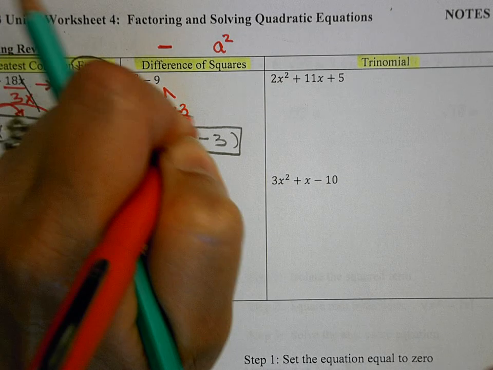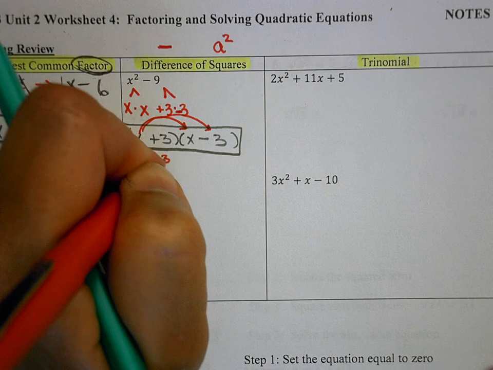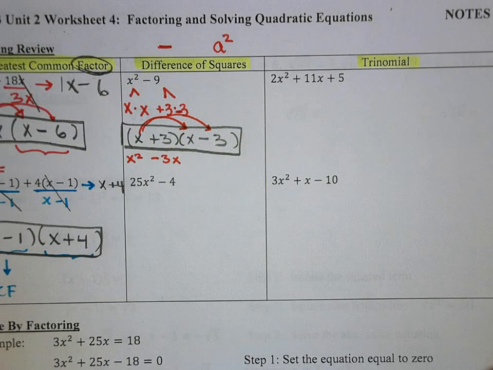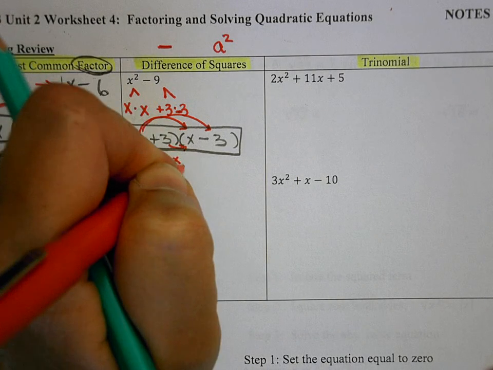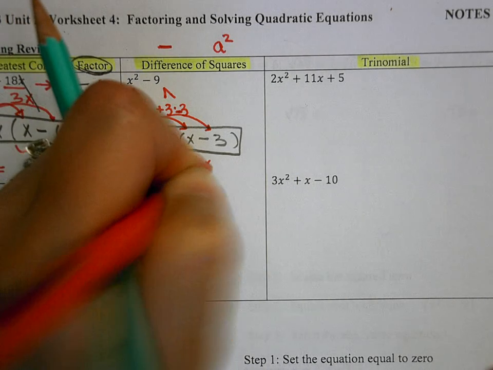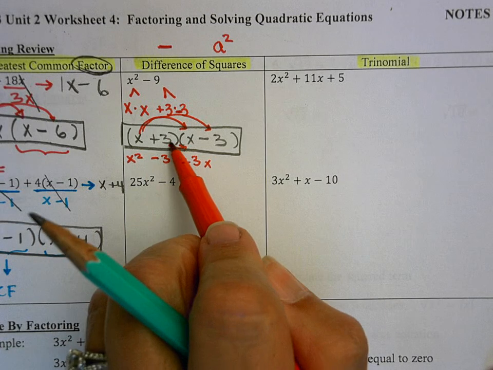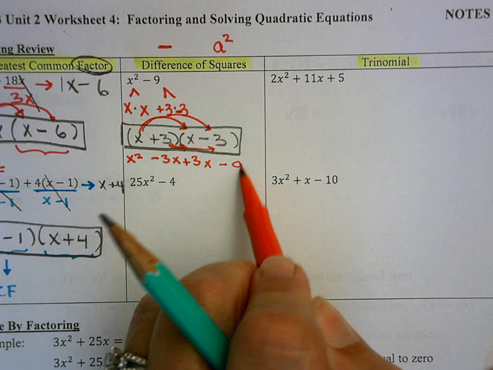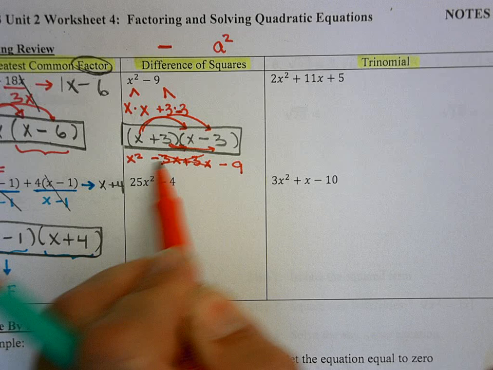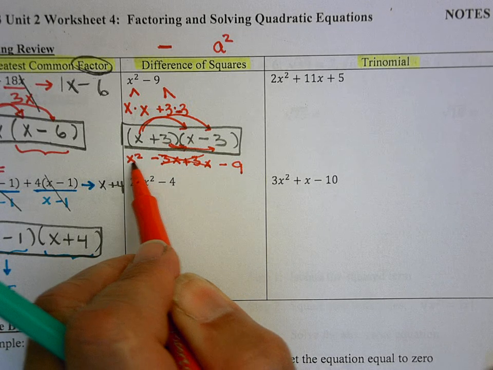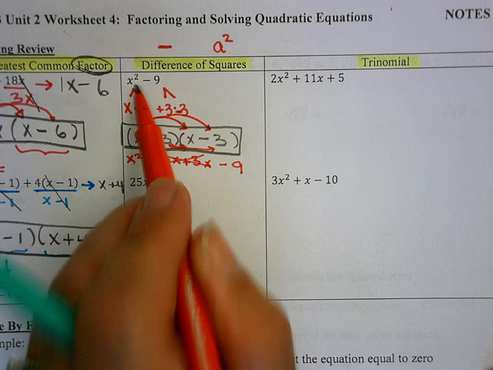And then x times the negative 3 would be negative 3x. So again, I'm just checking. And then 3 times x would be 3x. And then finally, 3 times negative 3 would be negative 9. And then this would cancel because they're opposites, and so x squared and negative 9 is what I have there.